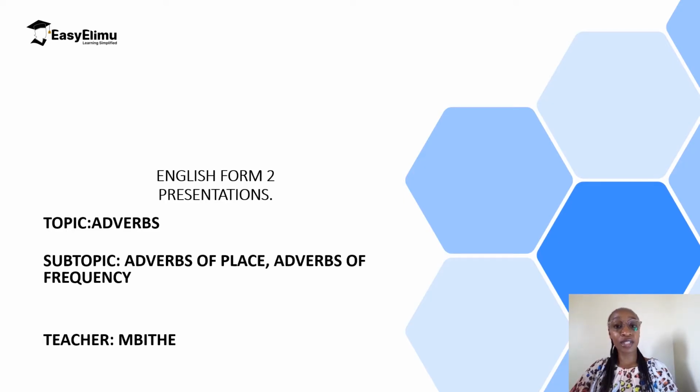So this is a continuation of adverbs. We are going to see what adverbs of place are, what adverbs of frequency are, give a few examples and also attempt to construct a few sentences.